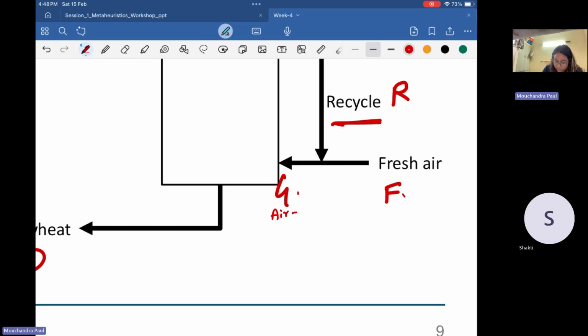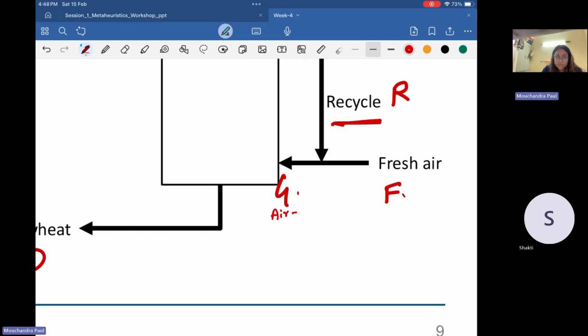Similarly, for exit air, it has two components. Exit air contains water, 0.263 moles, so the remaining will be your air, 0.737.